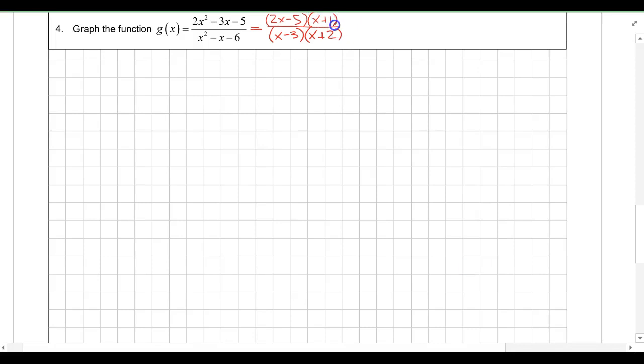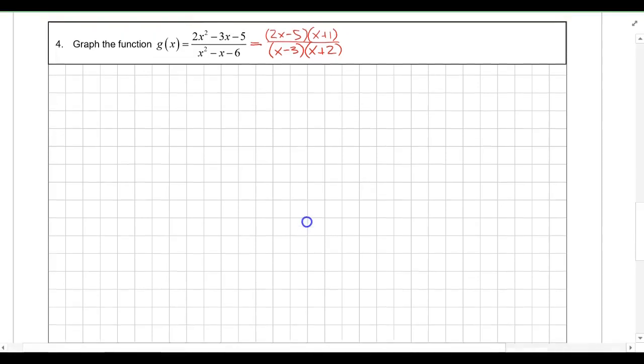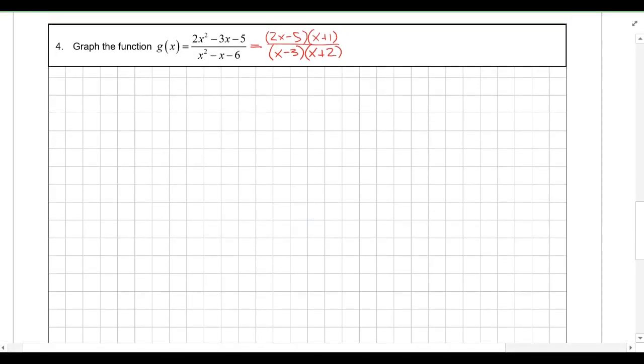Okay, so now that I have my rational function in both the numerator and denominator factored, I can start thinking about how the function behaves. So I know from the numerator that f of x, the whole function, will equal 0 when x equals negative 1 and 5/2.